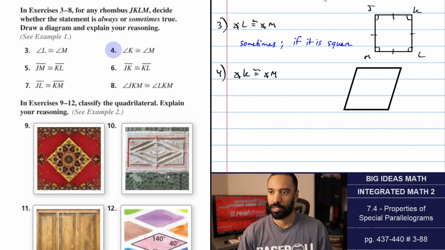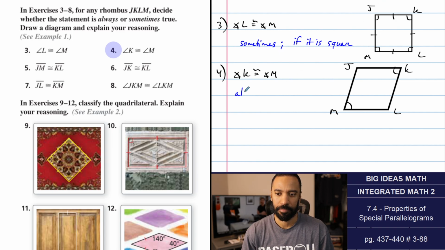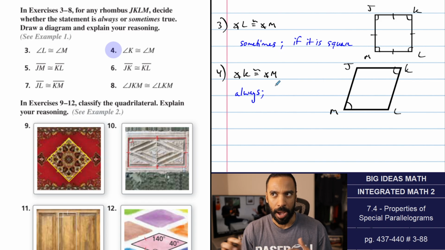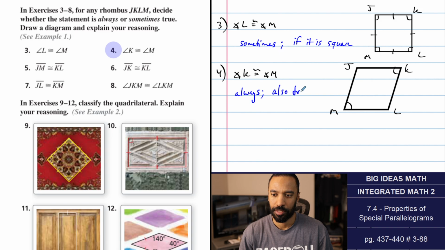Sorry, I'm just going to keep it thick. J, K, L, M. Here's K and here's M. Okay, this is always true because a rhombus is a parallelogram. I don't remember the theorem name, parallelogram opposite angles theorem, or what have you. Also true of parallelograms. And a rhombus is a parallelogram.